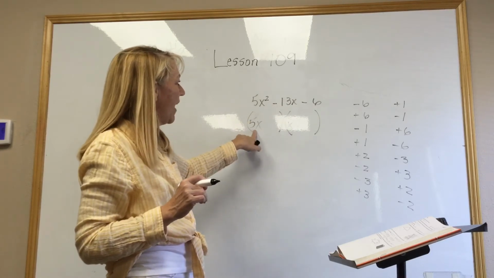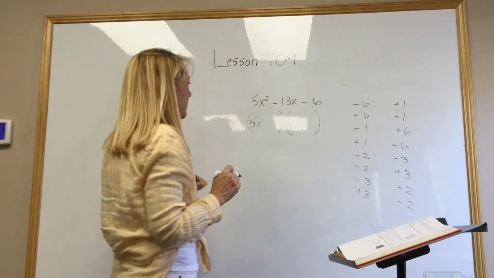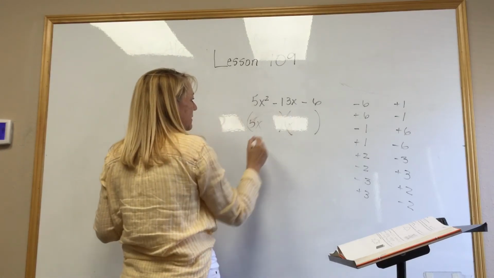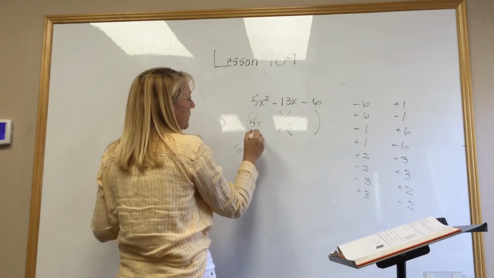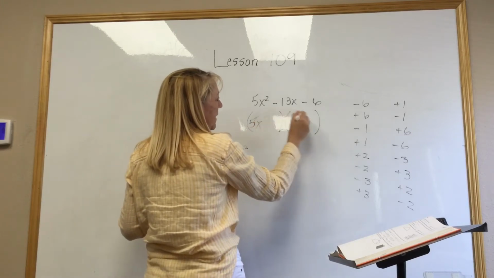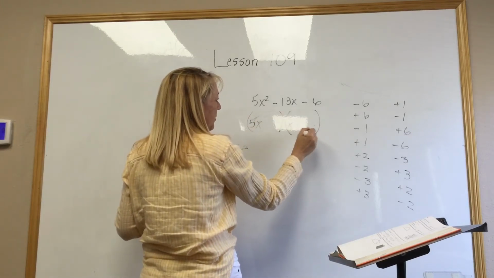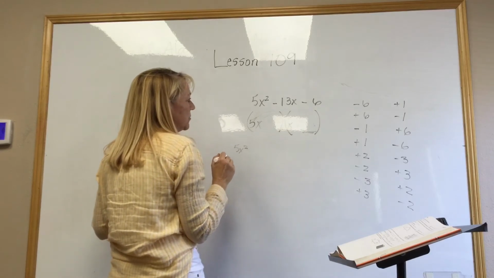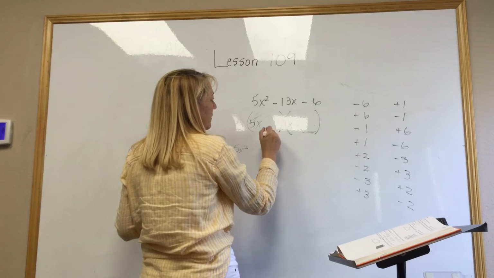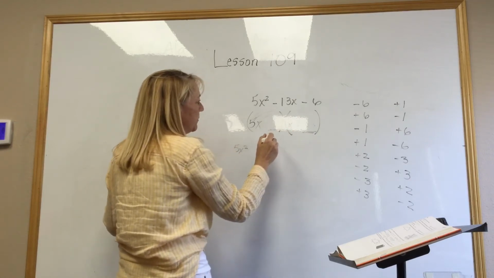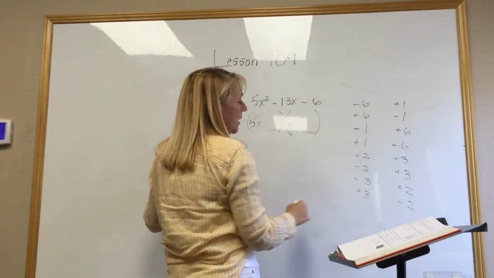Because you're going to have a 5 involved. So let's see. 5x times x is 5x squared. Then 5x times something to get this number, so let's keep that in mind. And then I'm going to have this number times x. This number could be a number of numbers also.